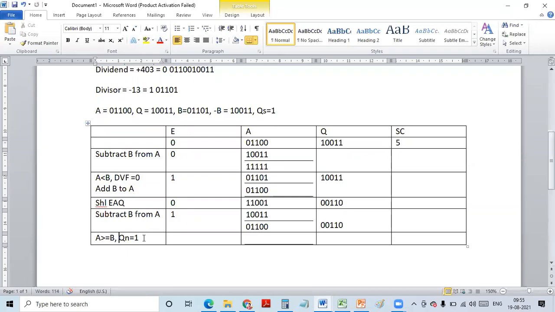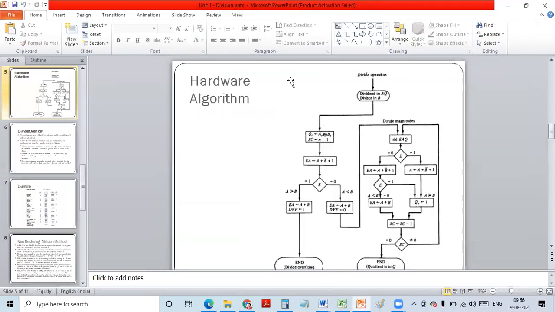Here E is 1, so you need to set Qn, or Qn should be 1. Keeping everything the same, E is 1, 0, 1, 1, 0, 0 and 0, 0, 1, 1, 1 is your result.